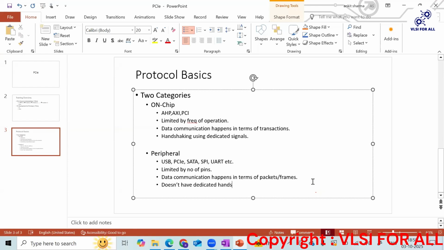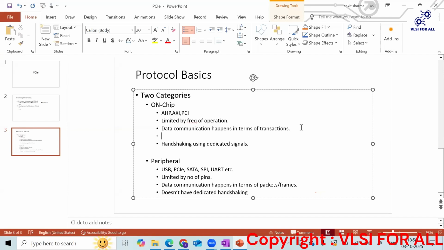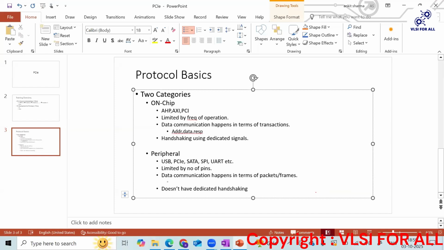What is the difference between transaction and packet? When you say transaction, it is like first the address phase, then the data phase, then the response phase. But in a packet, there are no phases.